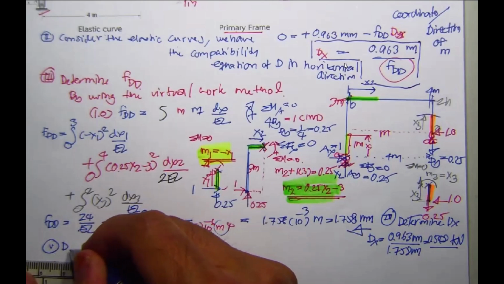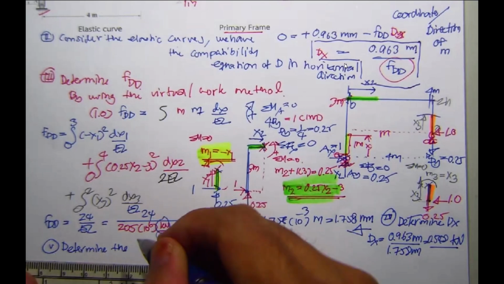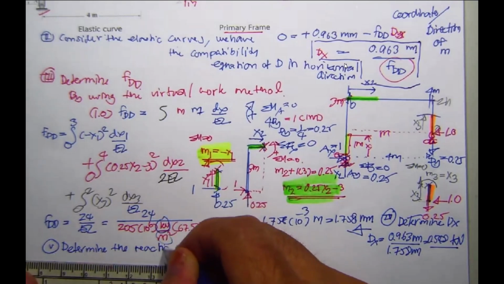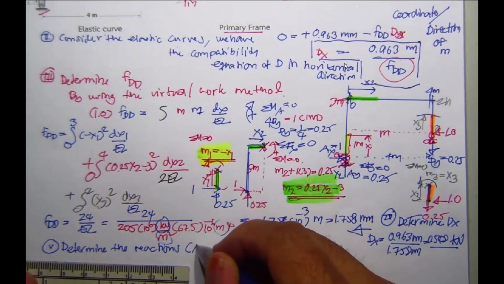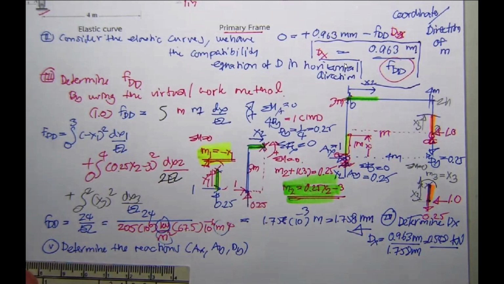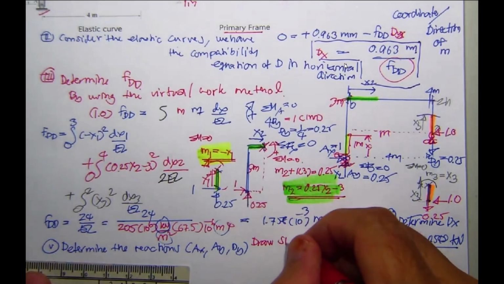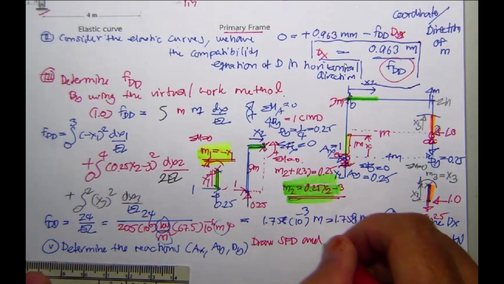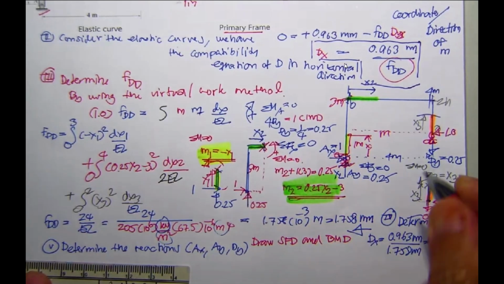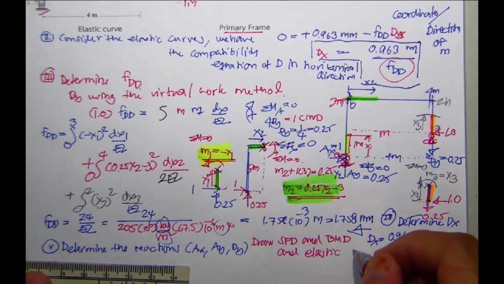Number 5, we determine the reactions. That's going to be A sub x, A sub y, and also d sub y. And then we draw the shear force diagram, bending moment diagram, and elastic curve.